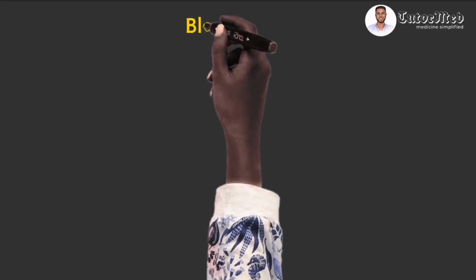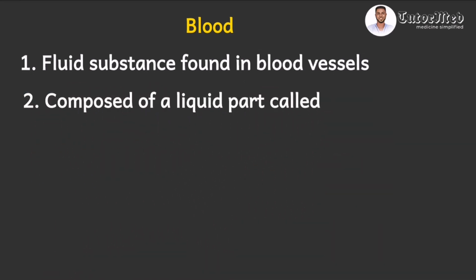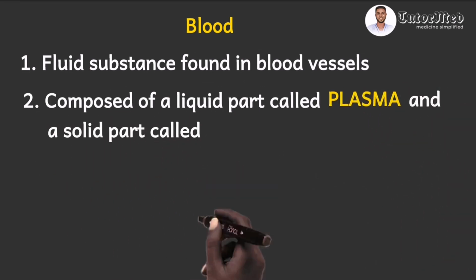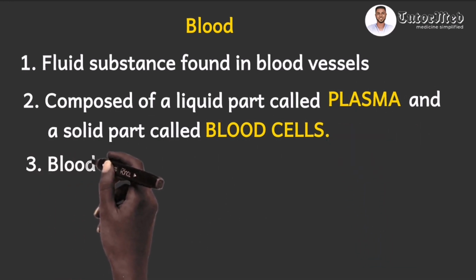And so now, as part of our objectives, remember we said we'll look at the basic physiology of blood. The first thing I want to say is that blood is a fluid substance which is found in blood vessels. It is composed of a liquid part called the plasma and a solid part called the blood cells. Now, the blood cells, as you may know already, are of three types.